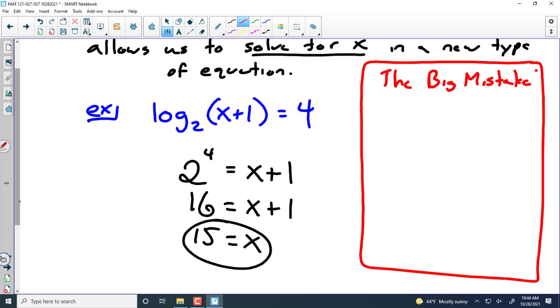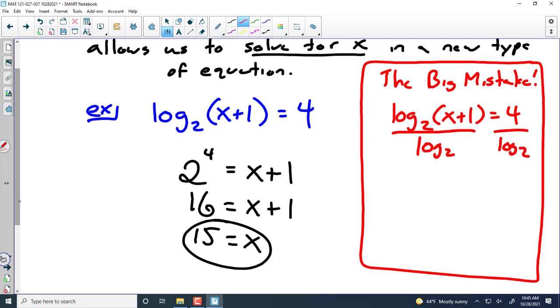This is called the big mistake. What I'm about to do here is a disaster. You should never do what I'm about to do. I think I'll divide both sides by log base 2. That gives me x plus 1 equals 4 over log base 2.